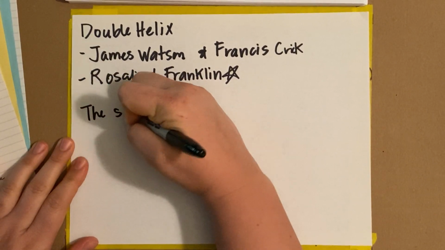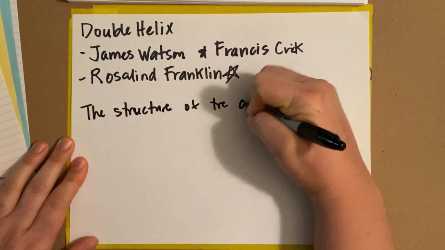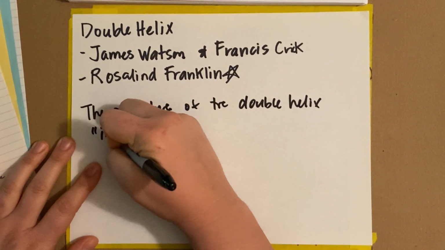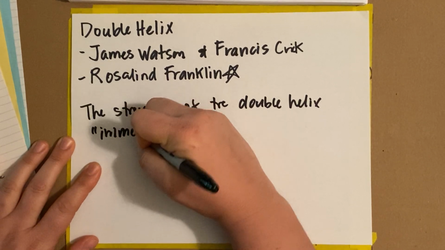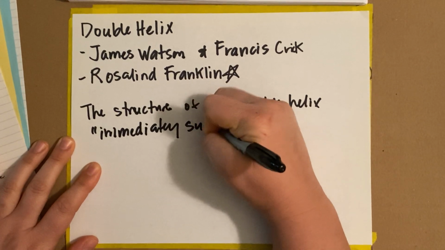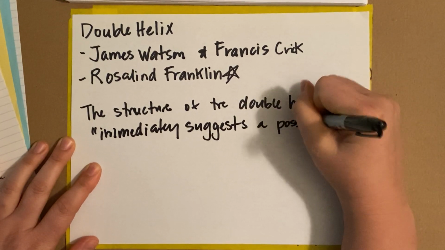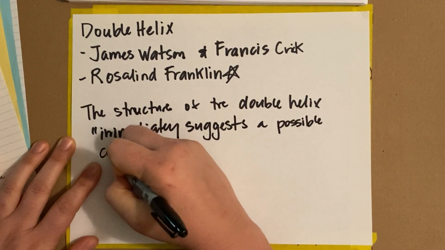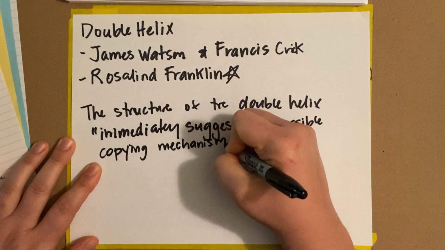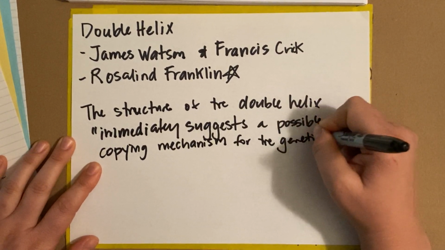So the structure of the double helix immediately, so this is their quote, suggests a possible copying mechanism for the genetic material.